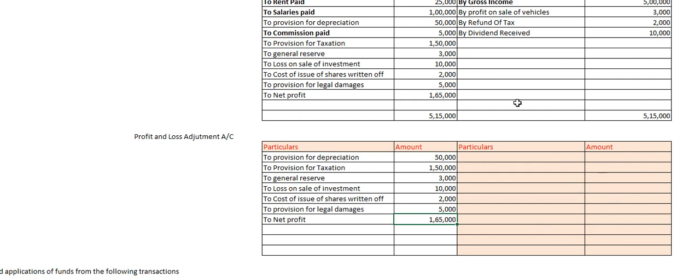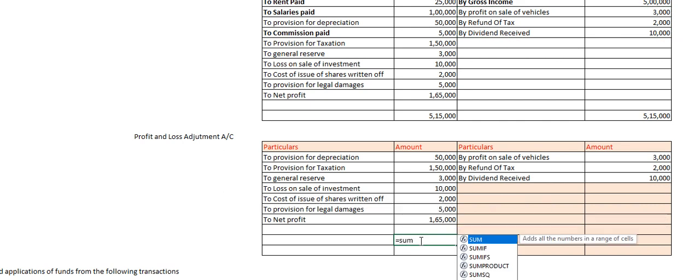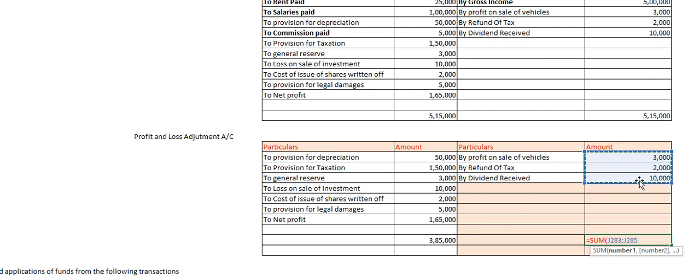Moving on to the credit side, so we have three items: by profit on sale of investment, by refund of tax, and by dividend received. So all the items have been considered accordingly. Your total of the debit side is 3,85,000, and the total of your credit side is 15,000.